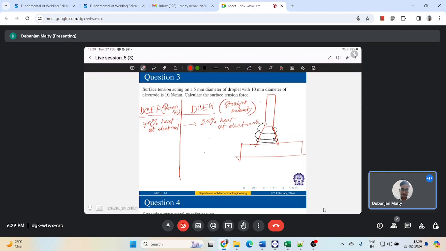Now, whenever you are using a non-consumable electrode, your heat affected zone will be wider, and sufficient fusion and penetration will happen in straight polarity, right?